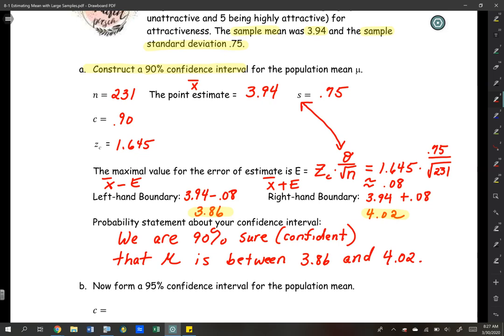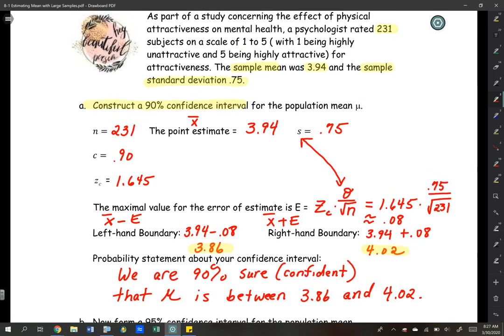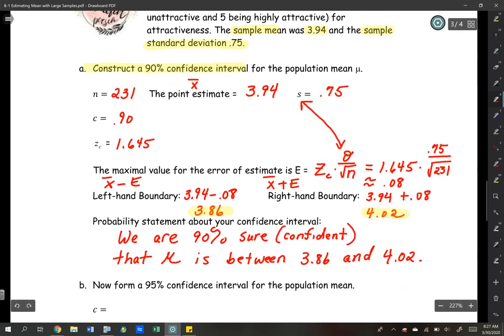Right? So in this study of attractiveness, if we really want to know what the population mean is, we're going to be 90% sure that people are rating themselves on a scale of 1 to 5 between 3.86 and 4.02, 90% of all people in the population.